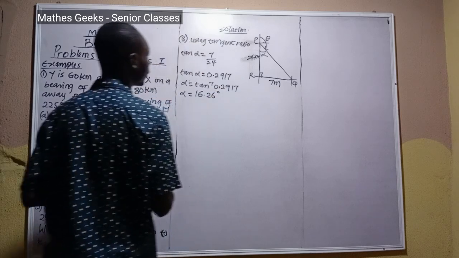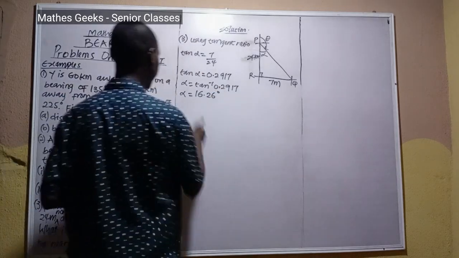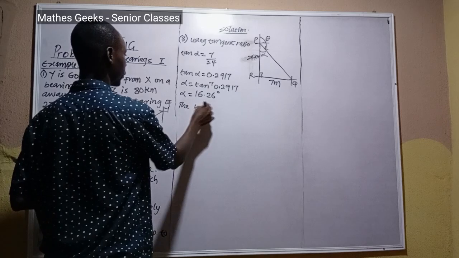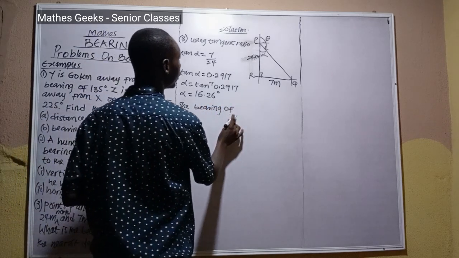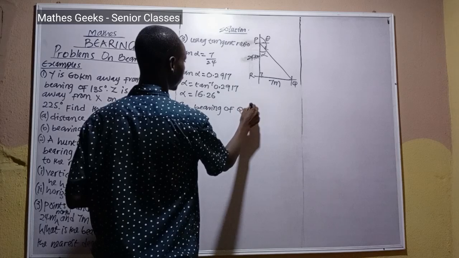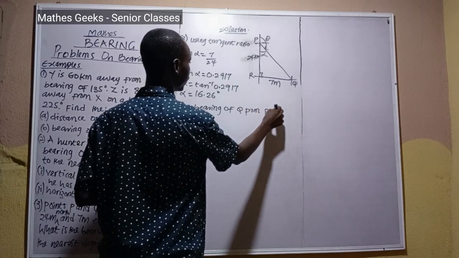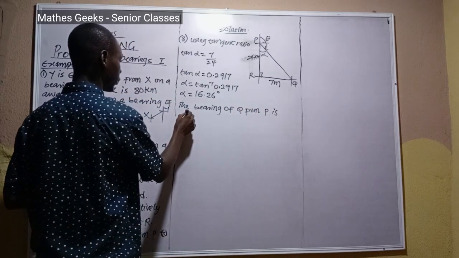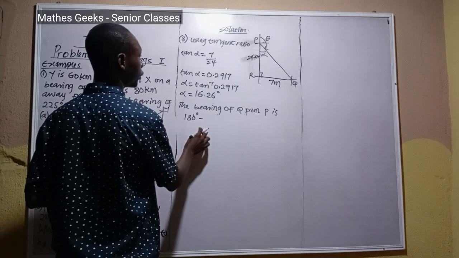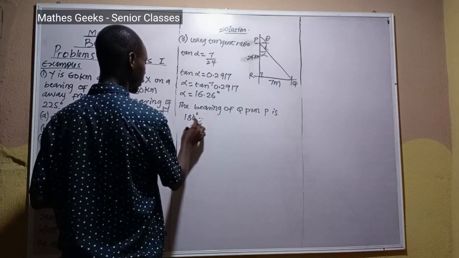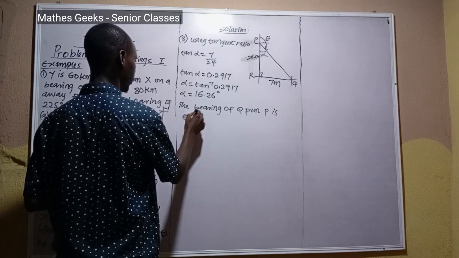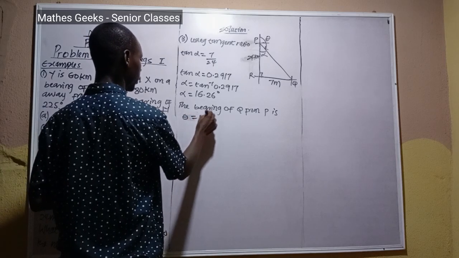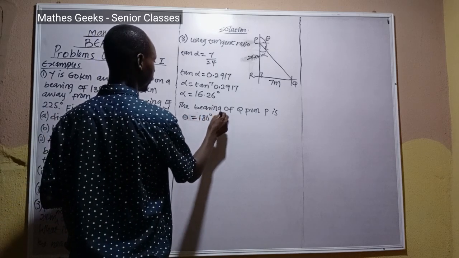So alpha is 16.26 degrees. Remember, the bearing of Q from P is theta, and theta is equal to 180 degrees minus alpha.